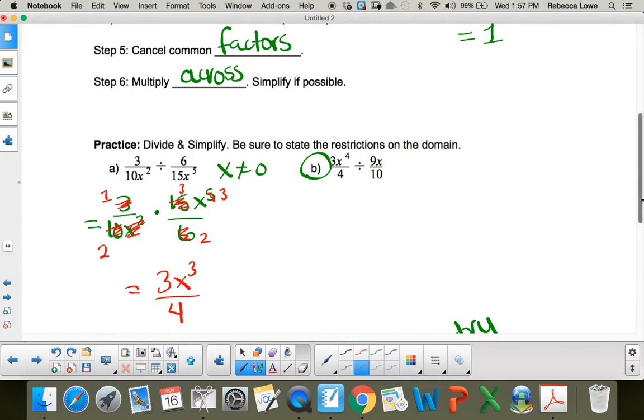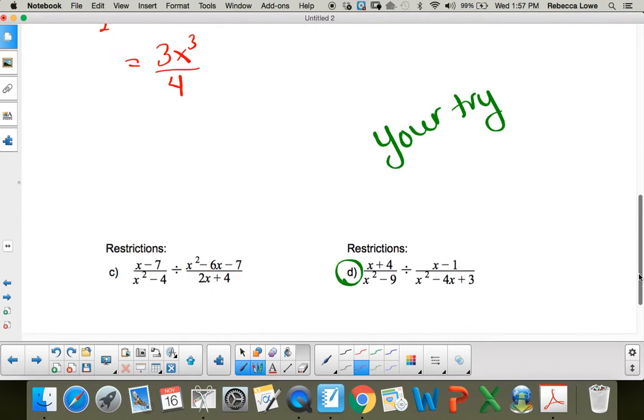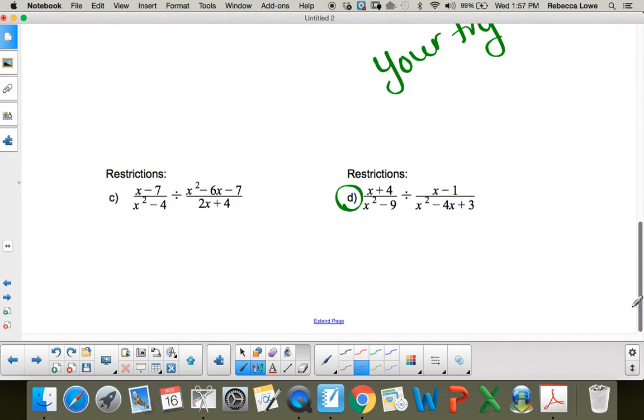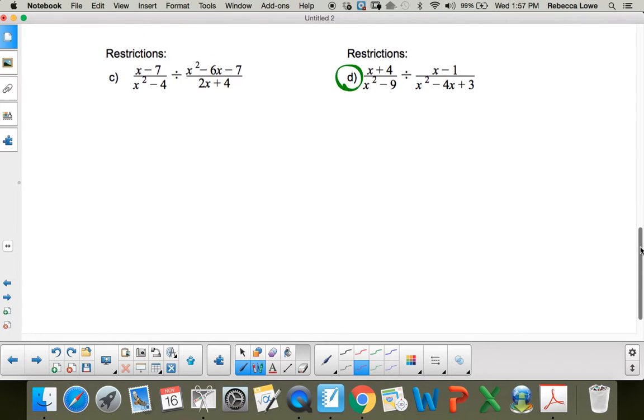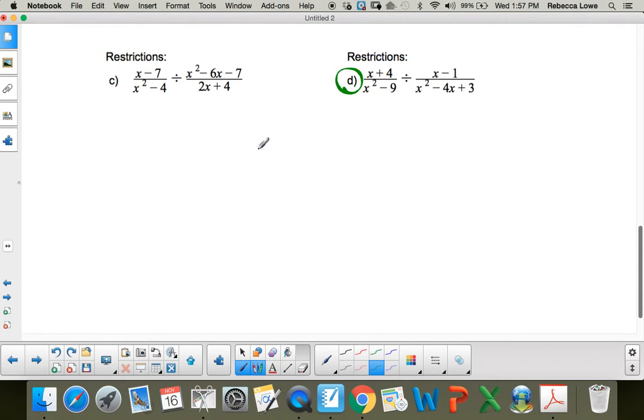So you try B, it's very similar, also quite easy. For C, remember, we are going to first factor. You can also combine steps if you want, but we'll just continue step by step. This numerator is already factored, so I put it in parentheses. The denominator of the first fraction is a difference of squares.